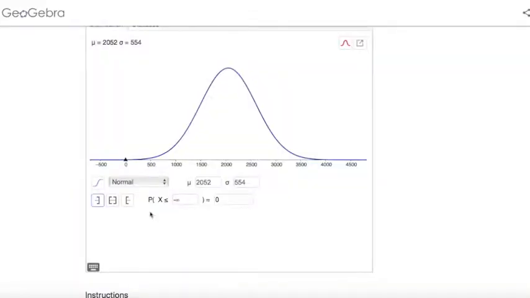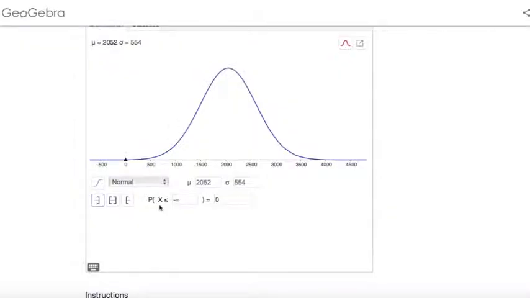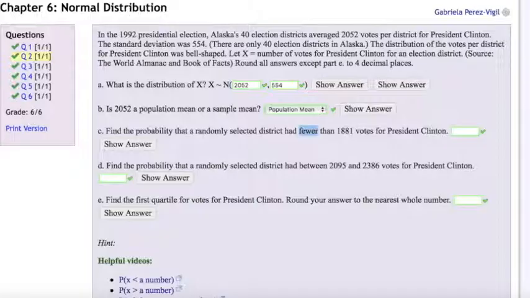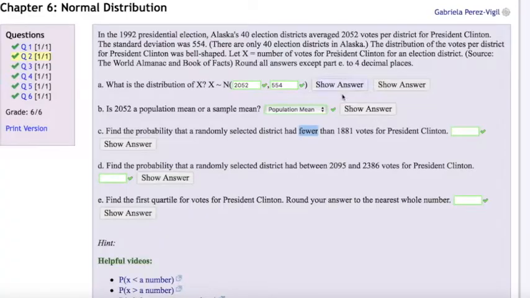So whenever you see that keyword fewer, that means that you're going to be using the left tail, the left side of this distribution. And since this is now an x right here, your x are your votes. So you can just plug in that 1,881. And be sure to press enter. And now it gives me a probability right there, 0.3788.